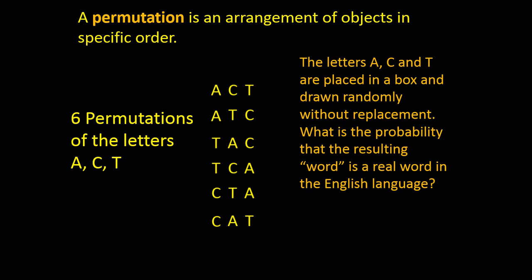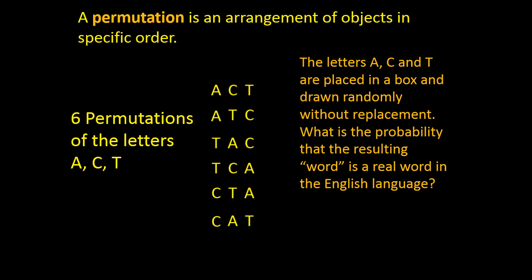So how could we possibly see something like this in a probability problem? We might see something like this particular wording. The letters A, C, and T are placed in a box and drawn randomly without replacement. What is the probability that the resulting word is a real word in the English language? Now keep in mind that probability has a denominator which represents the total number in the sample space, and we can see the 6 elements in the sample space right here.